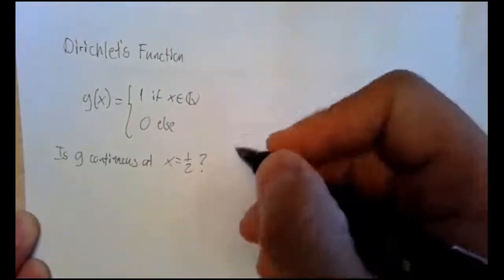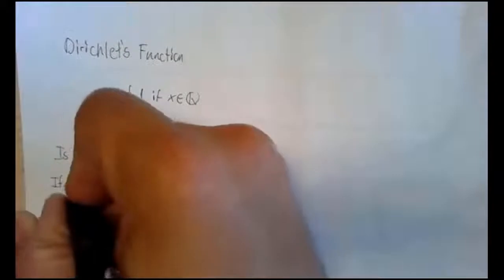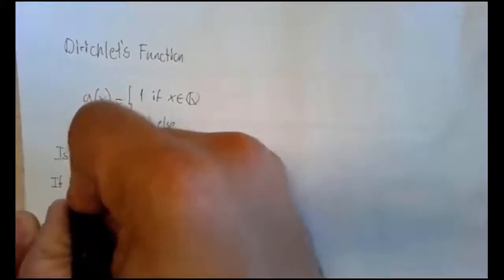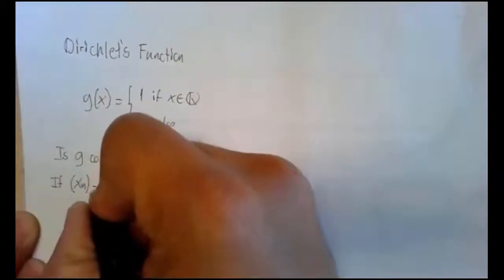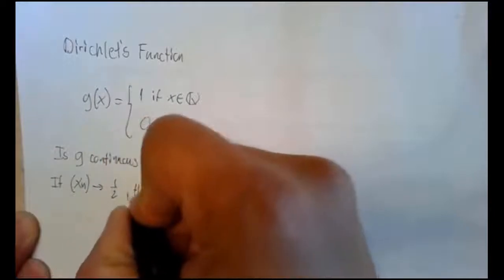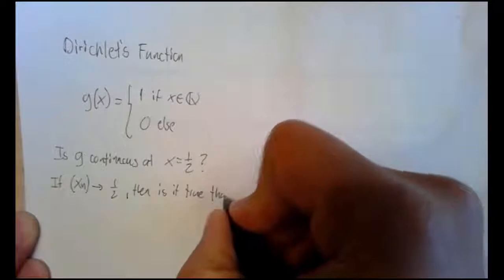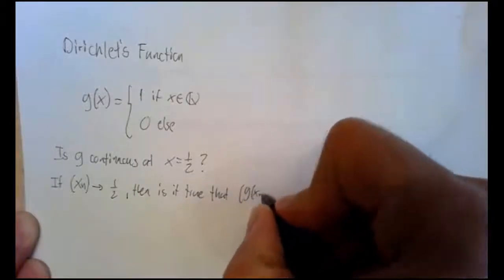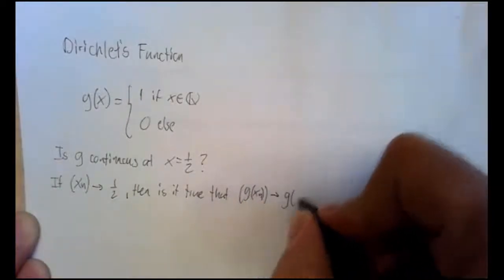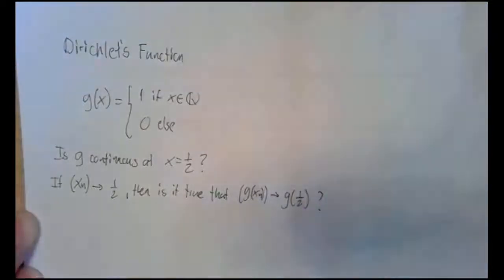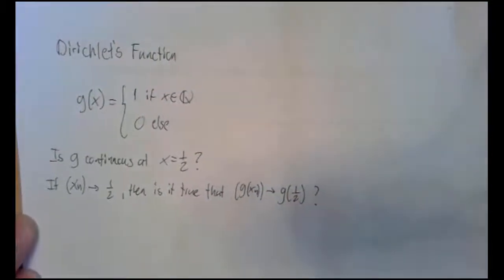So this would mean that if xn is a sequence that approaches 1/2, then is it true that g of xn approaches g of 1/2? That's the question, right? Now, what is g of 1/2?